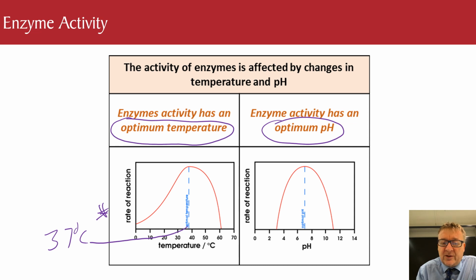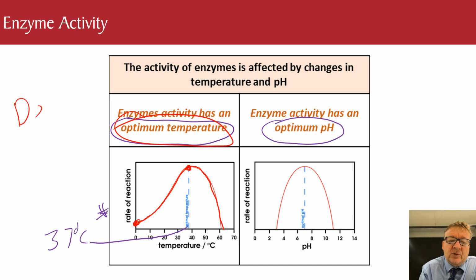The way the graph works is, at the start here at 0 degrees C, the enzymes are doing something, but not very much. The rate increases until it gets to this point here, which is their fastest rate of reaction, which is their optimum temperature. Then, after the optimum temperature, it decreases pretty rapidly.